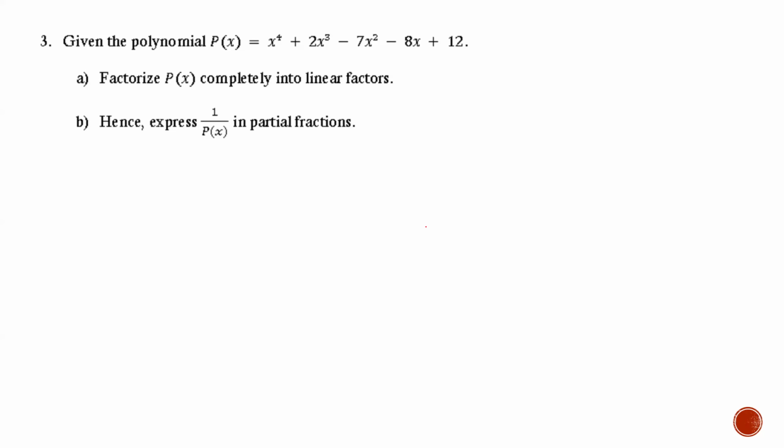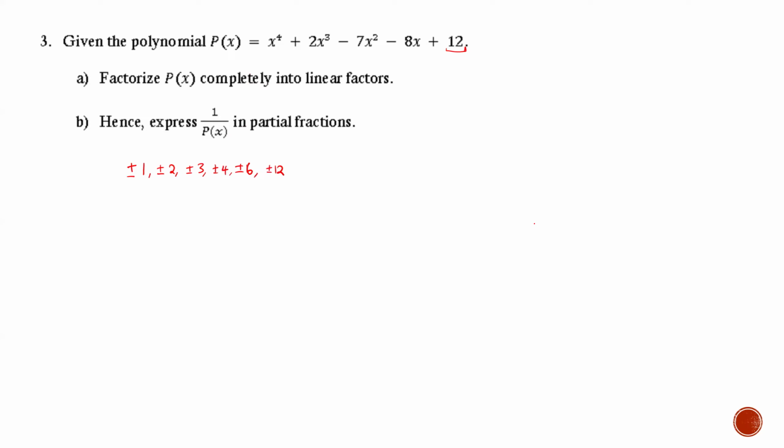And so what we have to do is actually test for the factors of the constant term. You have to test both the positive and negative factors of a constant term to be able to get a root. A root is a value of x which, when we substitute into the polynomial, will give us a 0. So I'm going to test plus or minus 1, plus or minus 2, plus or minus 3, plus or minus 4, plus or minus 6, and plus or minus 12.